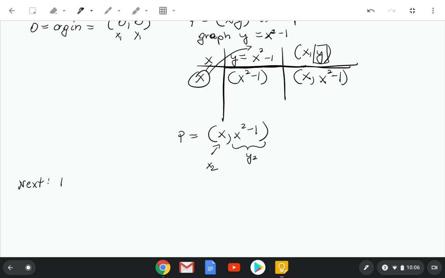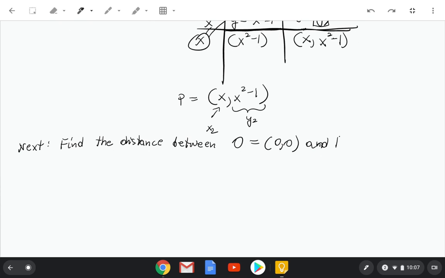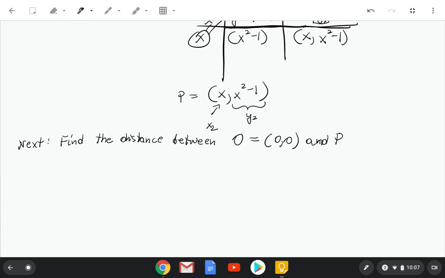Next, find the distance between O, which is again 0, 0, that's the origin, and P, which is, why that pen gives me a hard time.